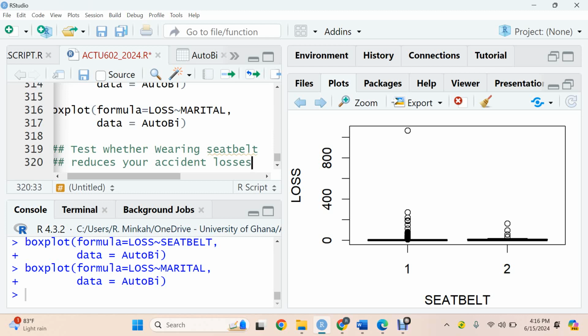Not equal to 0 means it can be greater than 0 or less than 0. But the claim is that if you are wearing seatbelt, your loss will be smaller. So what will be your null hypothesis?